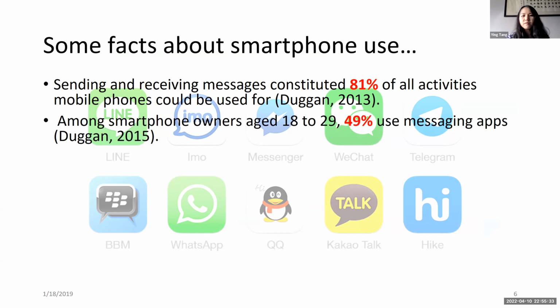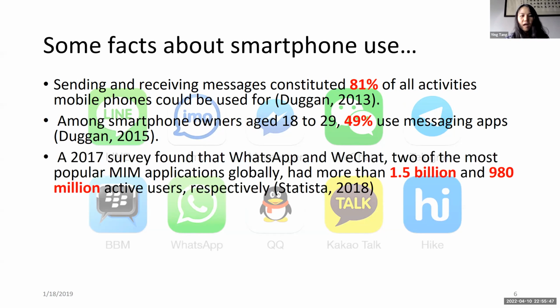And among smartphone owners aged 18 to 29, I think those were college students, 49% use messaging apps. I assume this figure goes up too. And a 2017 survey found that WhatsApp and WeChat, two of the most popular mobile instant messaging applications globally, had almost 2 billion active users respectively. And this data was from 2018.